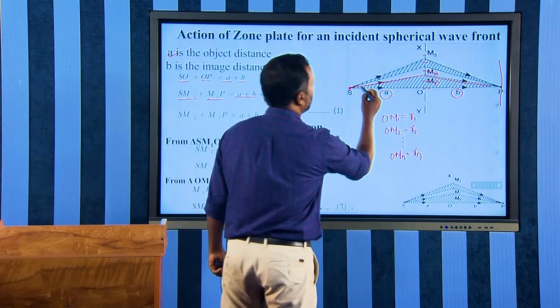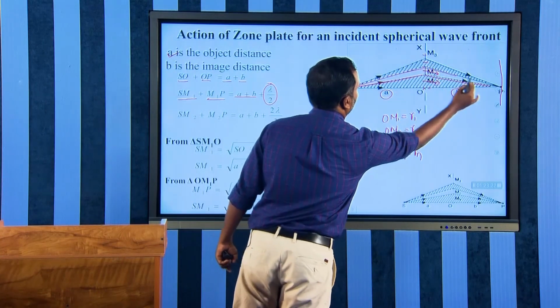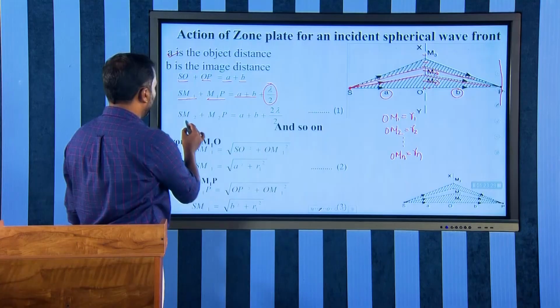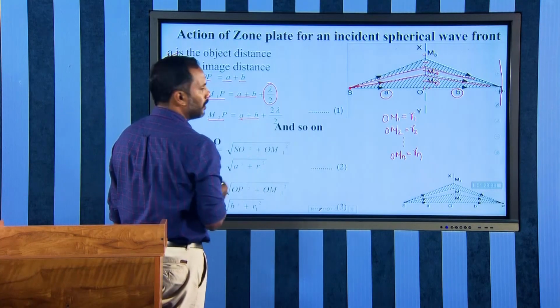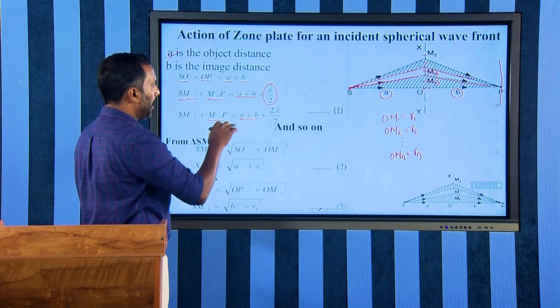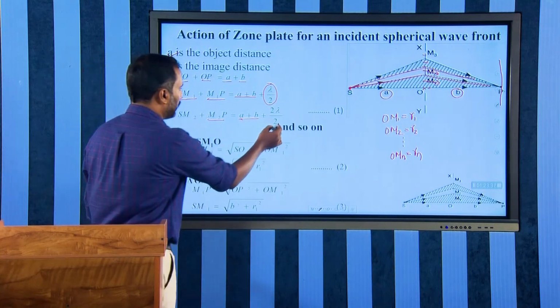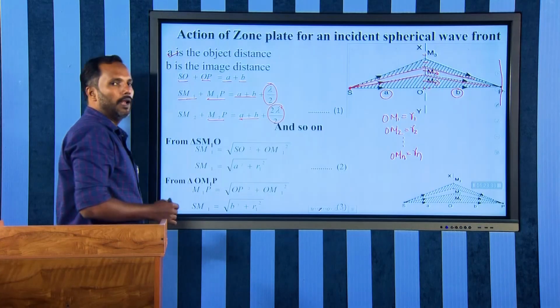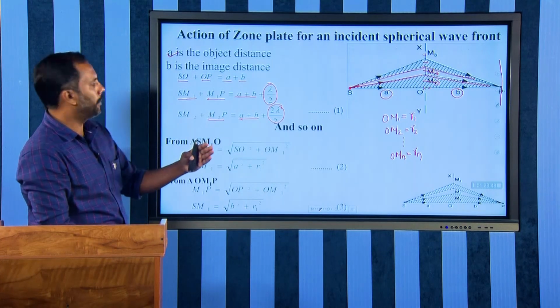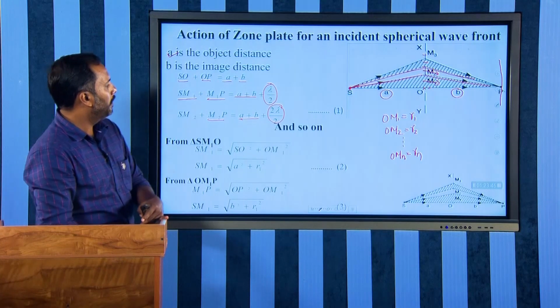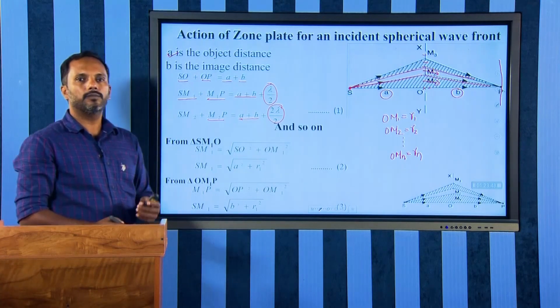Then SM2 plus M2P will give you A plus B plus 2 lambda by 2, and so on. The next, SM3 plus M3P, will give you A plus B plus 3 lambda by 2.